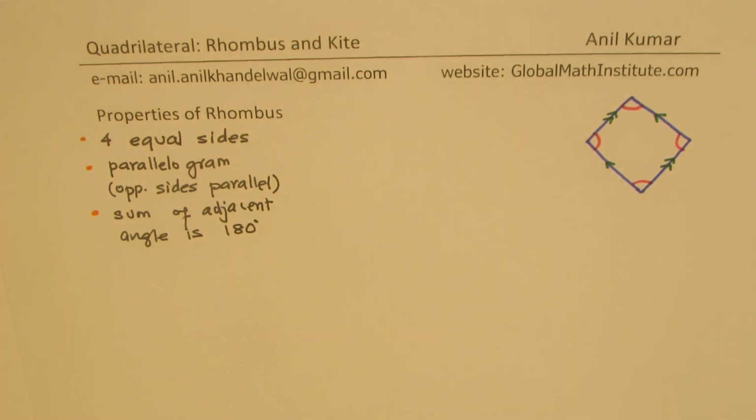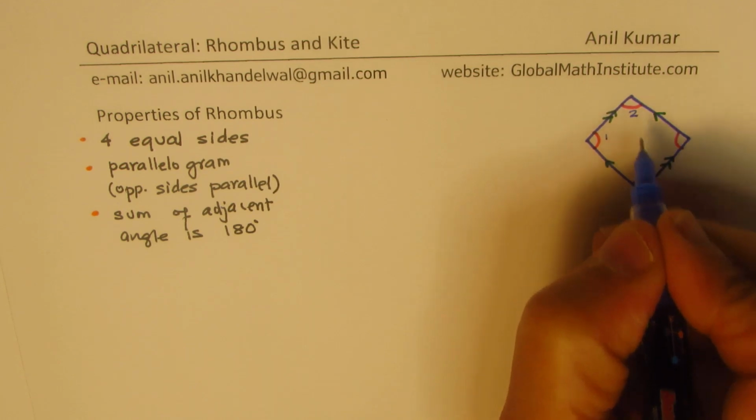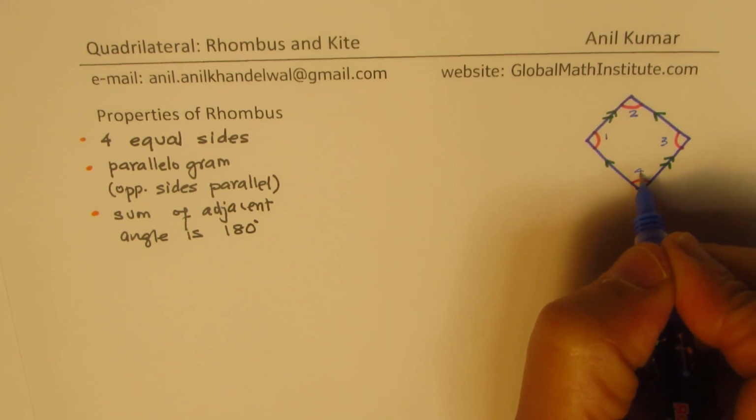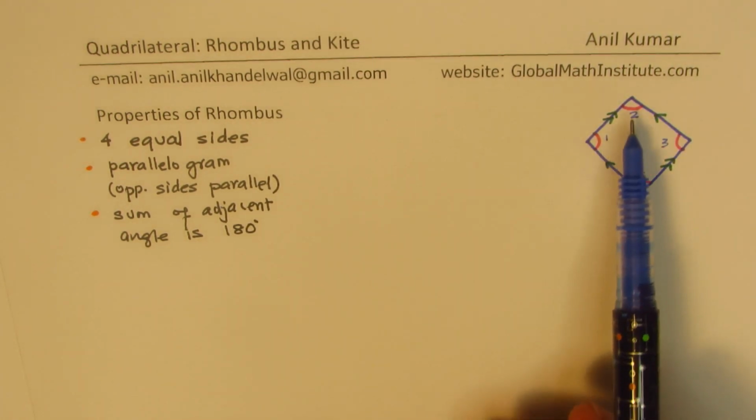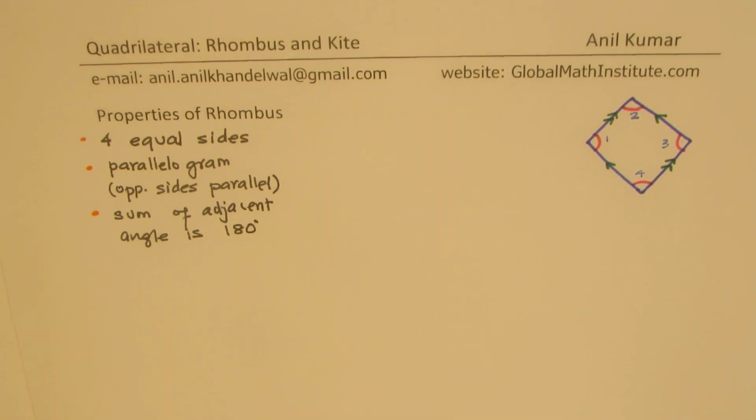Let's number these angles as 1, 2, 3, 4. So in that case, the sum of 1, 2 or 2, 3 or 3, 4 or 1, 4 will be 180 degrees, correct? So the sum of the adjacent angles is 180 degrees.